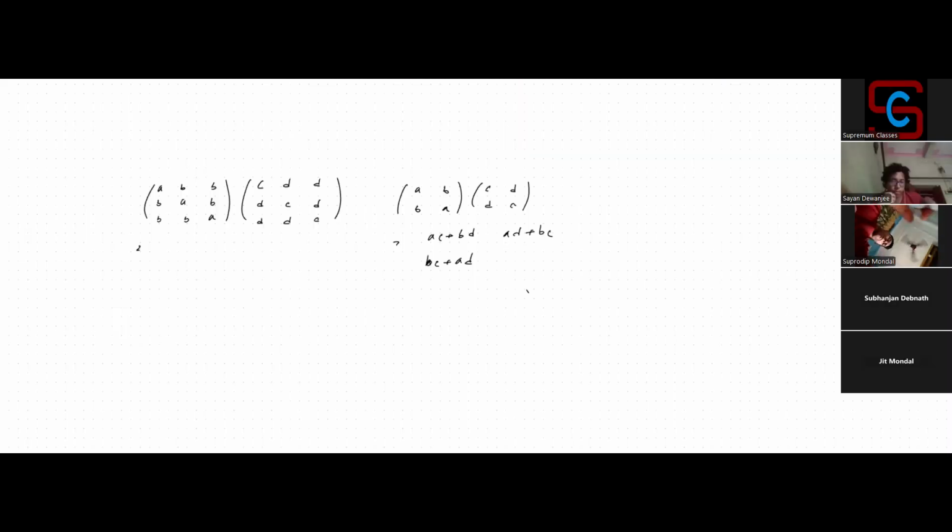I am giving you a 3 cross 3 matrix, row wise. 1 0 0, and the rest are 0.